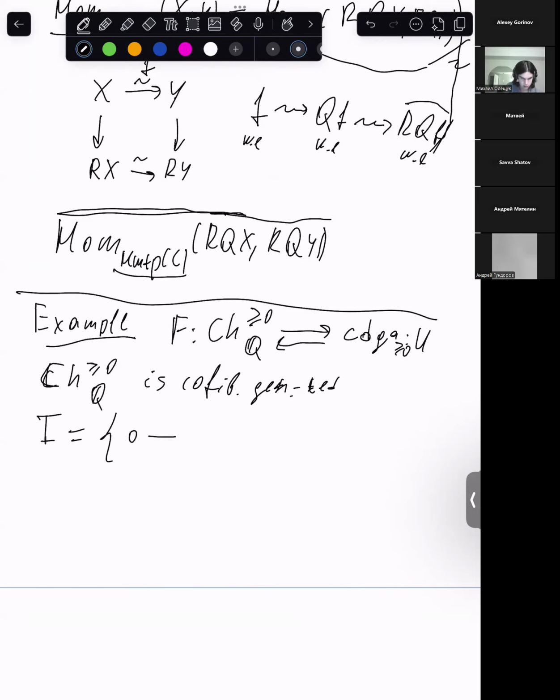A class I that is a generator of cofibrations looks like that.